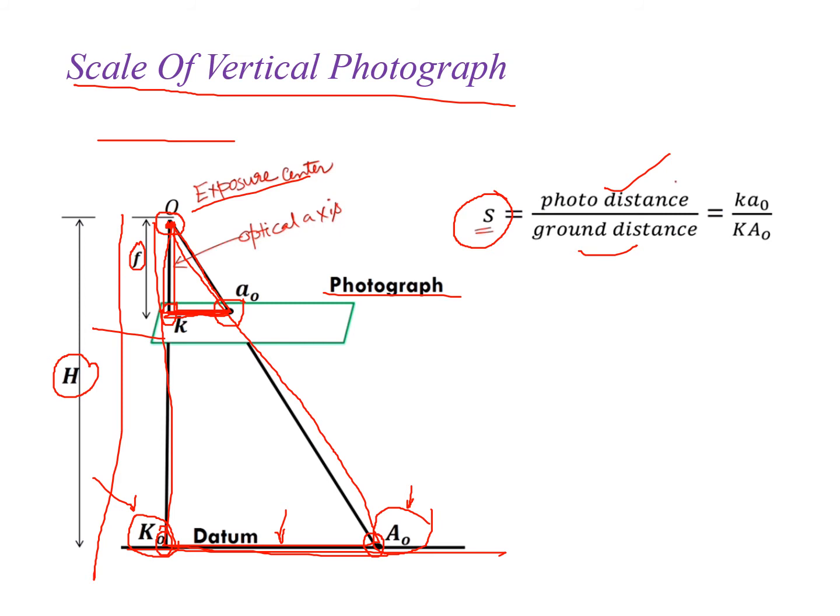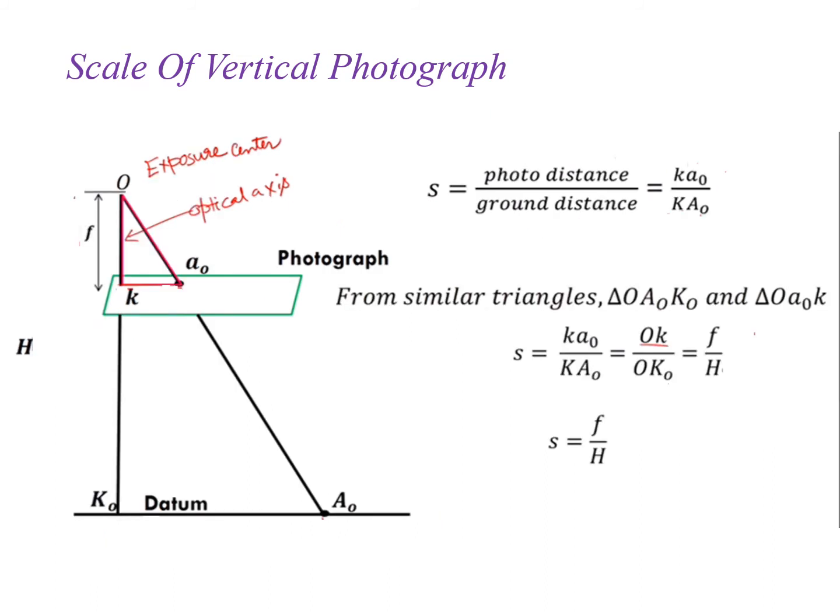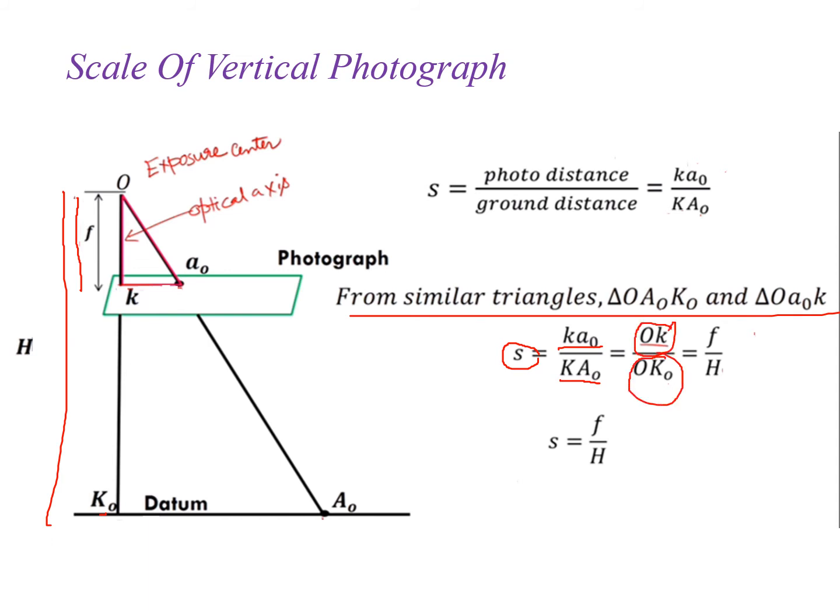So the scale is equal to ka over KA0. From the similar triangles, this can also be expressed as small o k over O K0.